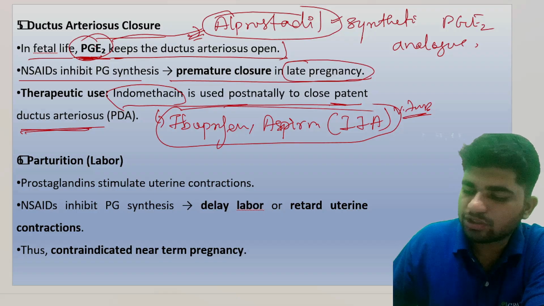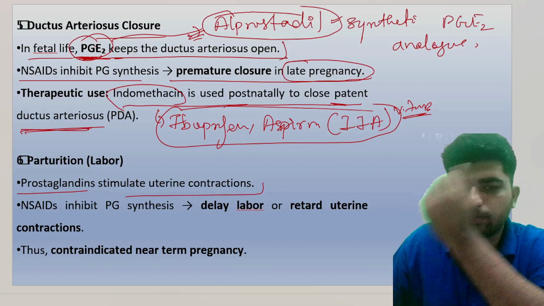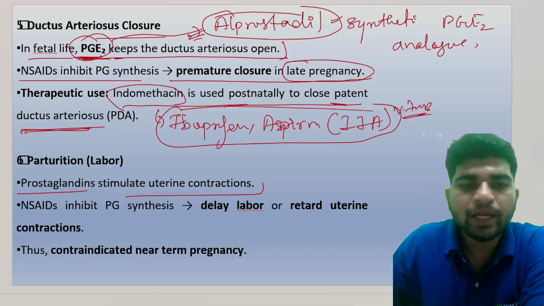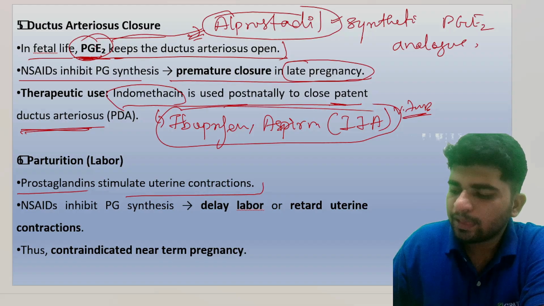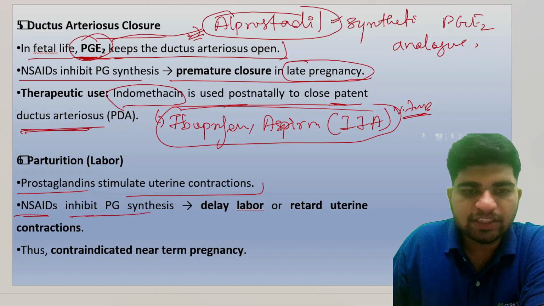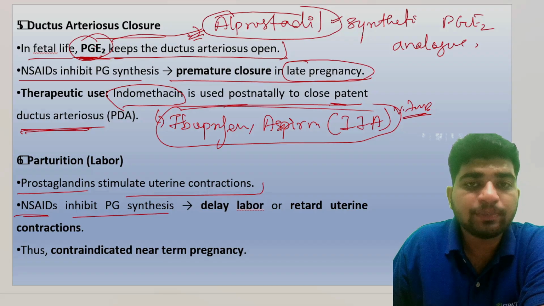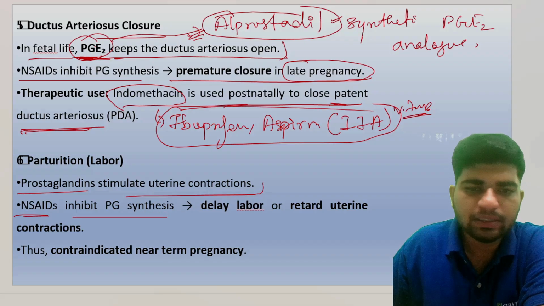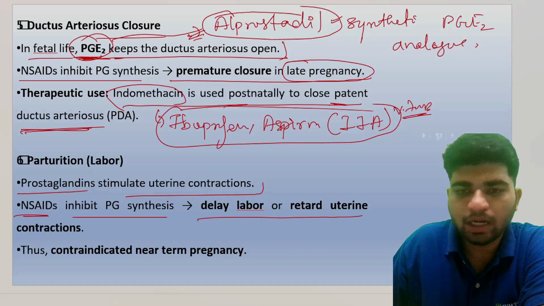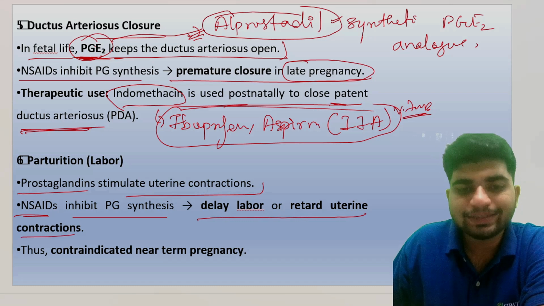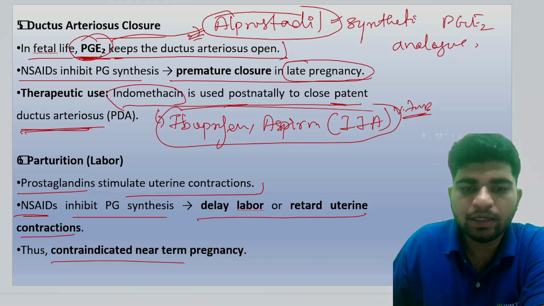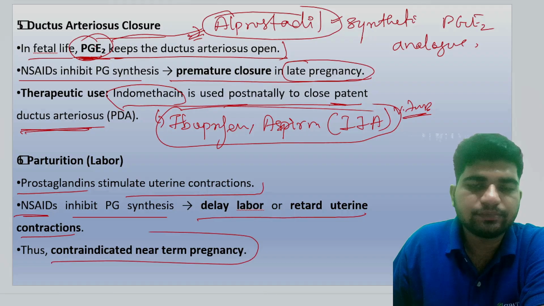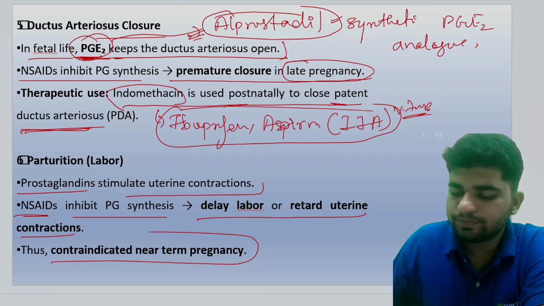Right? Parturition, labor. Prostaglandins stimulate uterine contractions, whereas NSAIDs inhibit PG synthesis. And if PG synthesis gets inhibited, what will happen? There is a delay in labor or retarded uterine contraction, thus contraindicated near term pregnancy. All right.